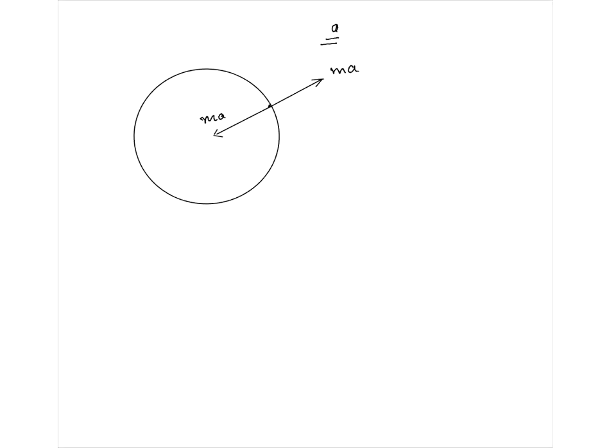Say, for example, Earth is revolving around Sun, or some satellite launched by ISRO is moving in circular paths. Why does it move in circular paths? Because centripetal force is provided by Earth's attraction force. So because of Earth's attraction, there is centripetal force, this fellow.